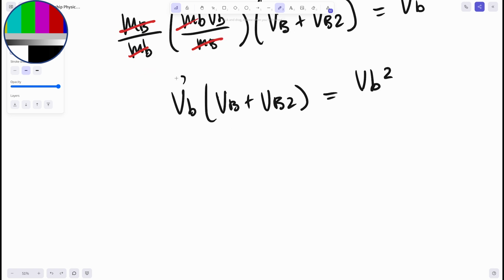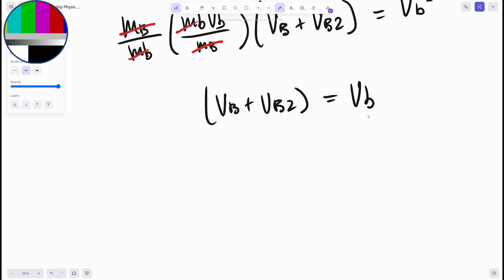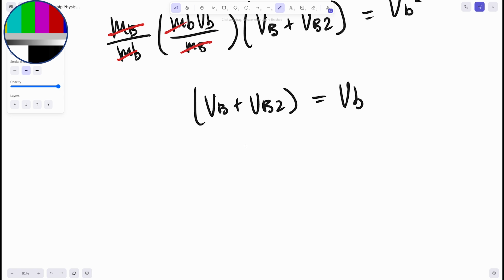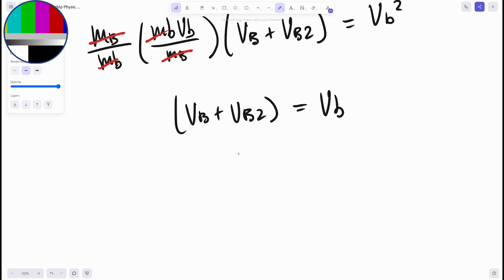Now we can divide both sides by v little b, and this power cancels. Therefore, VB plus VB2 is equal to the velocity of the ball. Now, an assumption that we're going to make is that after the ball has been hit, the bat doesn't slow down very much.